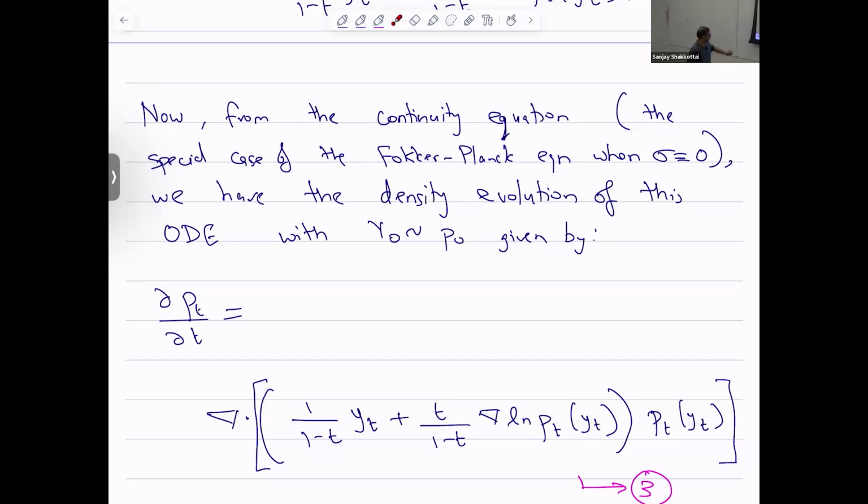Look at this density evolution and check what the terminal density is. I've given you the density at time equal to 0. If I start with that, check that at time equal to 1, it is indeed a Gaussian.